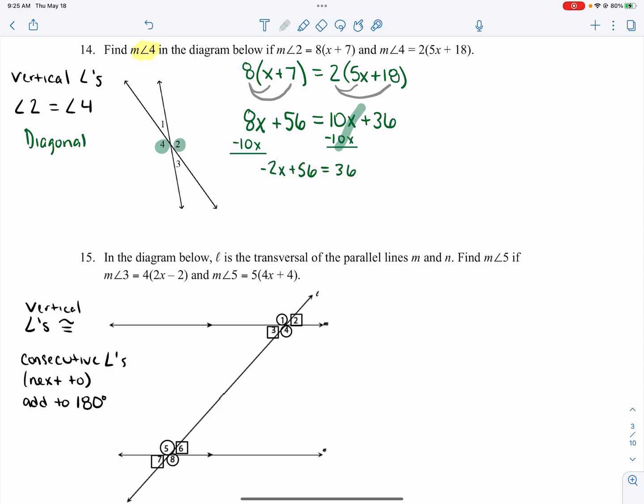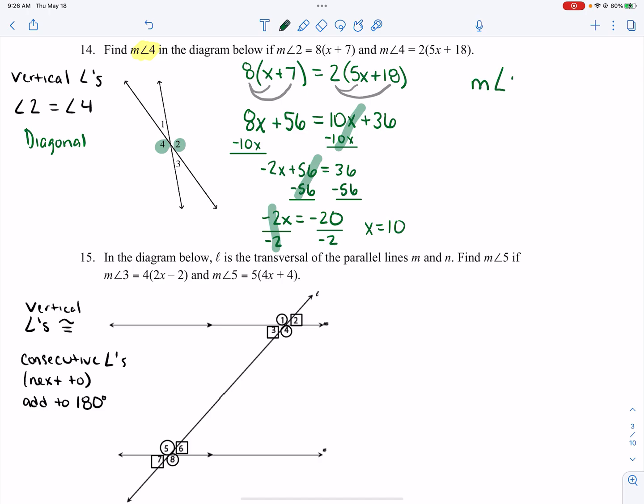So I do the opposite of a positive 56 and I subtract 56. So negative 2x equals negative 20. And then my last step is to divide by negative 2, divide by negative 2. So my x is equal to positive 10.